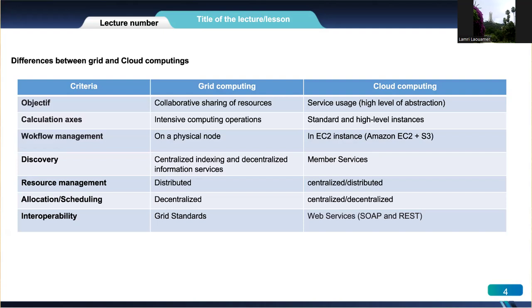In fact, for the first criterion, which is resource ownership, in grid computing it is a diverse organization. In cloud computing it is a cloud service provider. What do we mean by resource ownership? Grids are typically composed of resources that are owned and managed by various organizations.